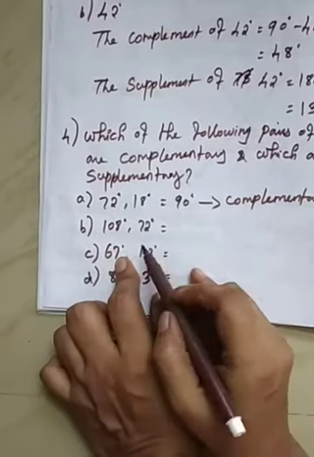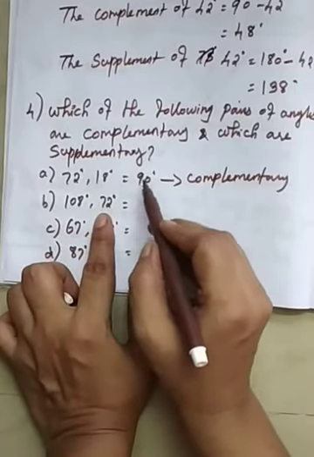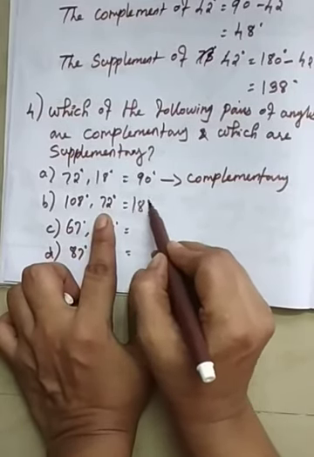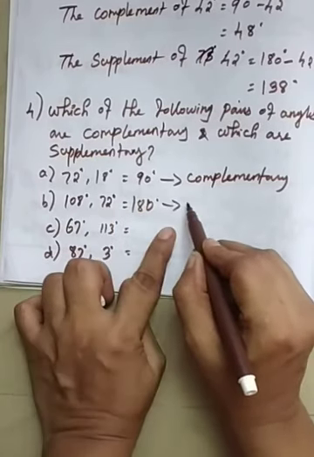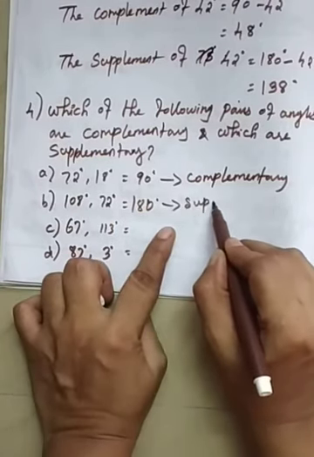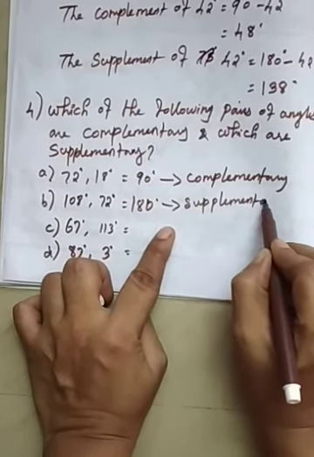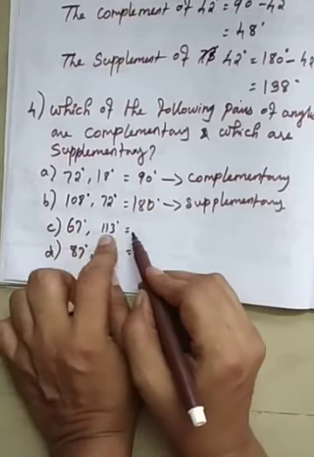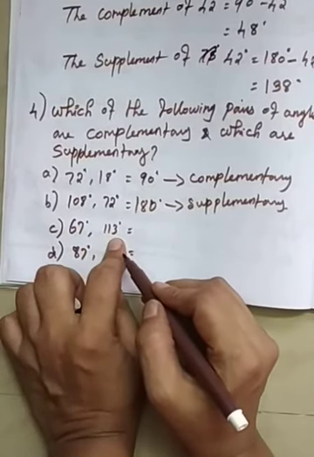Okay, and then 108 plus 72 degree. What will you get? 180 degree. So 180 degree means we can say that is called supplementary, or supplement. Okay, see here, 67 plus 113.